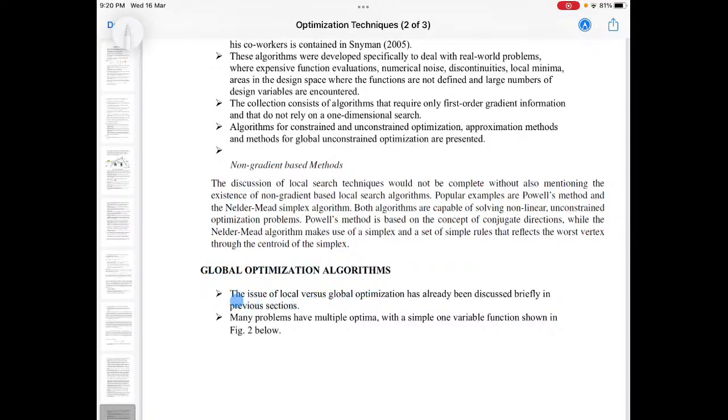Global optimization algorithms. The issue of local versus global optimization has already been discussed briefly in the previous sections. We have discussed earlier local optimization and global optimization and the comparison, and many problems have multiple optima, with a simple one variable function shown in the figure below.